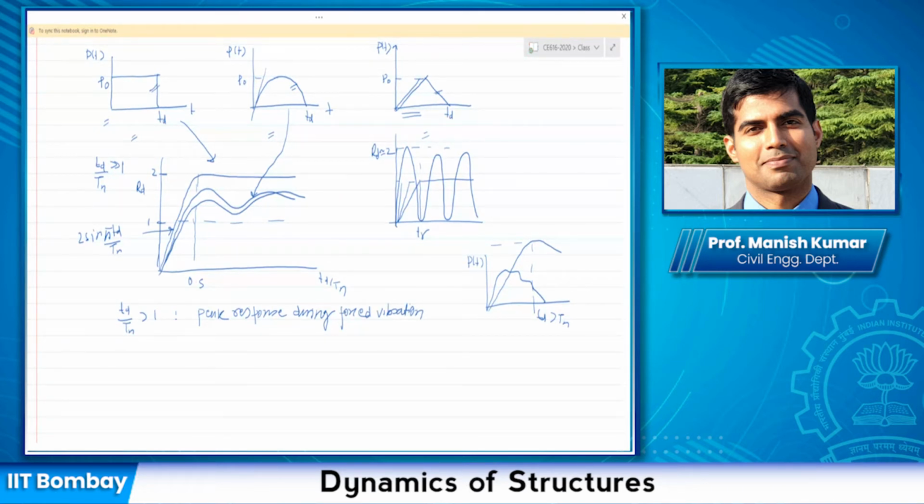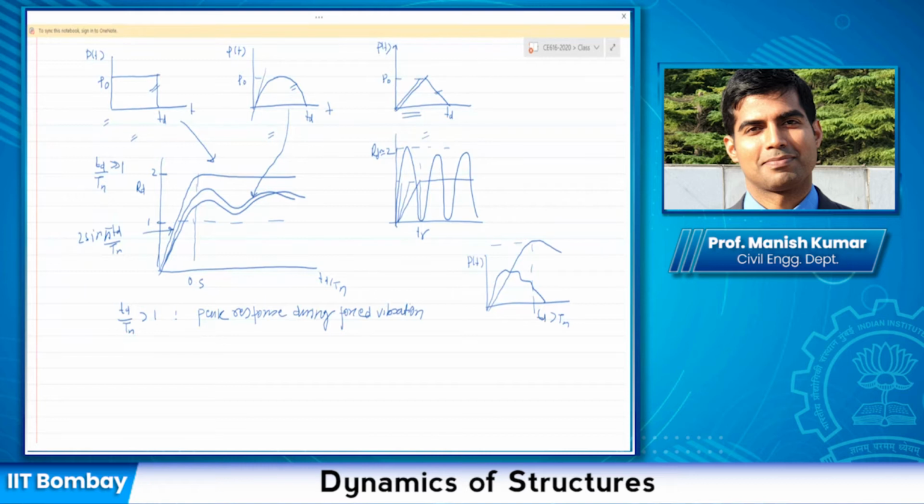If it was a half sine, it led to smaller amplification with a smaller initial slope. And when we had the triangular, it led to even smaller amplification. So when Td by Tn is greater than 1, the peak response occurs during the forced vibration phase, and for those cases the shape of the pulse matters.